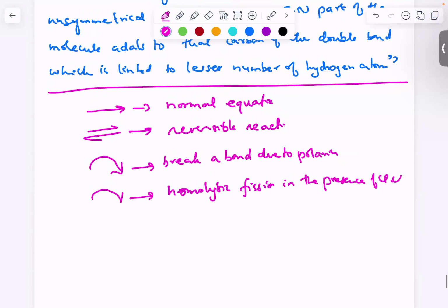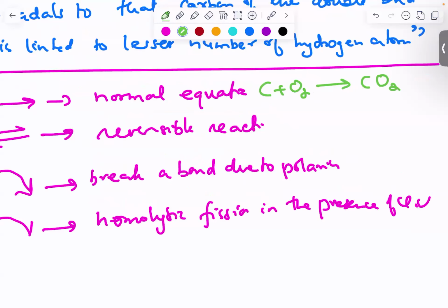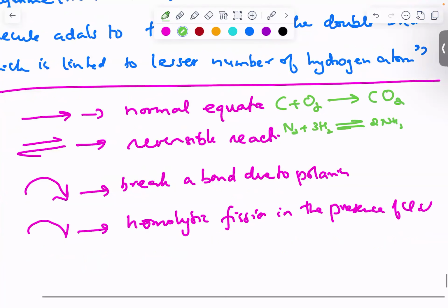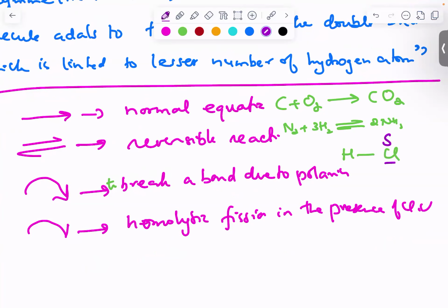Now this is the normal equation, like C plus O2, that is CO2. And this is for a reversible reaction, that is N2 plus 3H2 to NH3. This shows that it's a reversible reaction. For the third one, to break a bond due to polarity: if we have HCl, because it is electronegative, partial negative and partial positive.